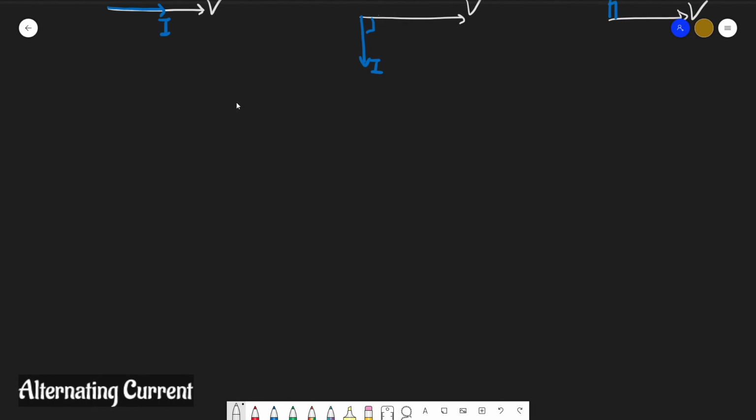So this is the concept of RLC, and now we have a series RLC circuit. We can do the analysis of the series RLC circuit in two ways.